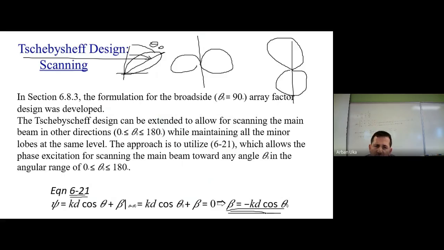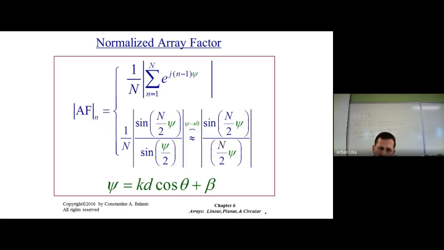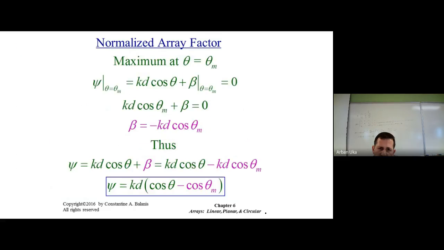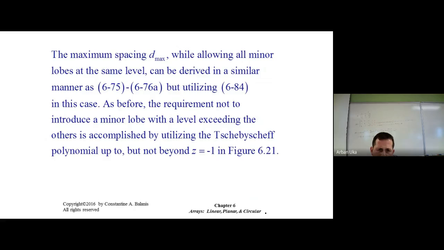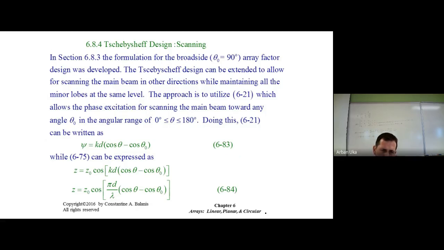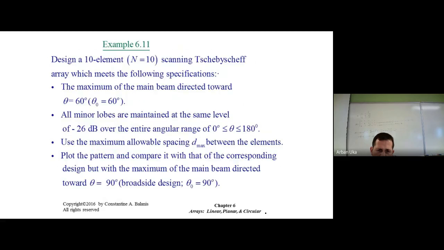And then the Chebyshev design for a scanning antenna has the array factors as given in these equations, which we can substitute in here. We just substitute the values, and then we can determine important elements that we need to design this beautiful antenna, which has this specific orientation, as in here.